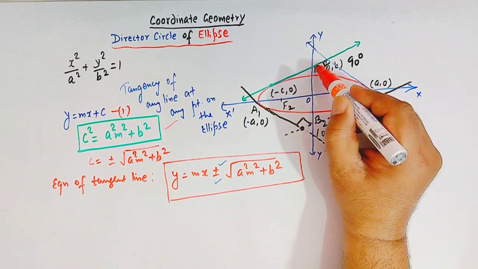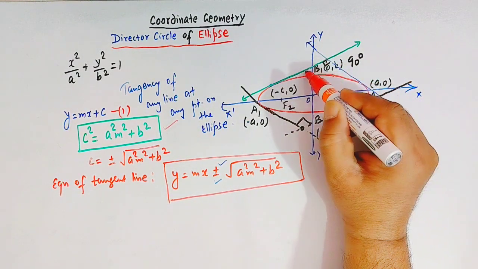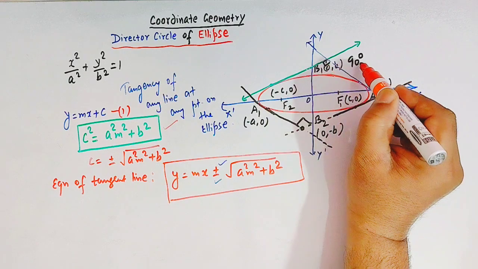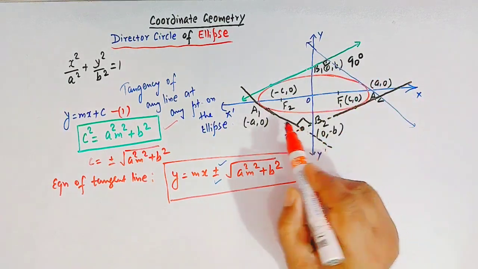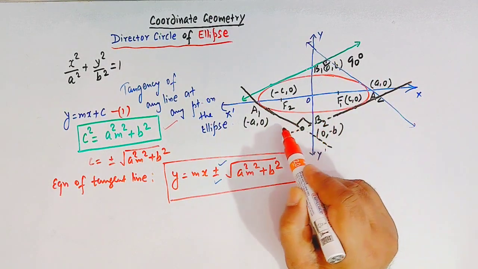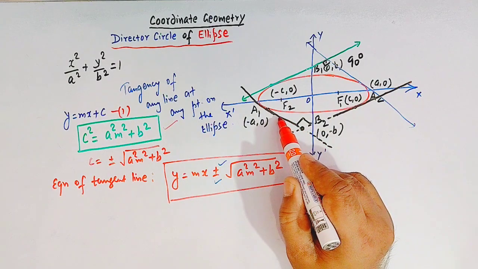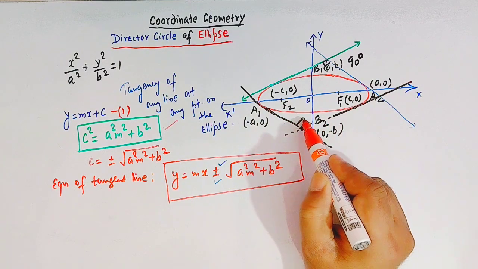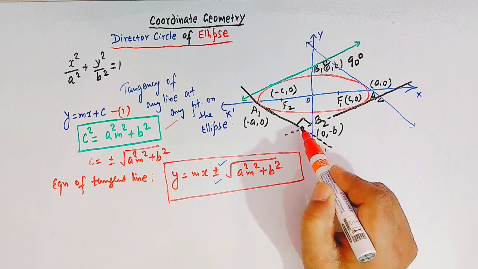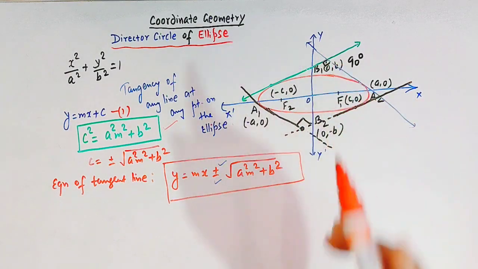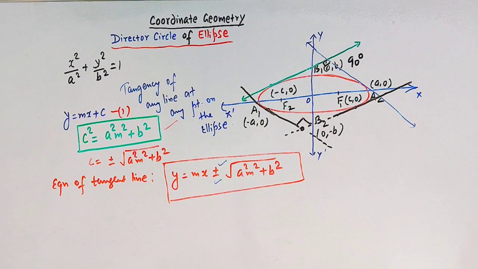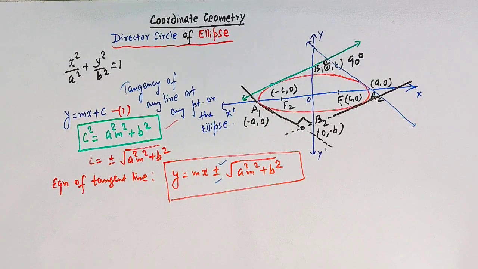So here also we have got the point at which these two tangents are perpendicular to each other, and suppose here also we got the point of intersection where the two tangents intersect at 90 degrees, then these points lie on the circumference of the director circle of the ellipse, right?